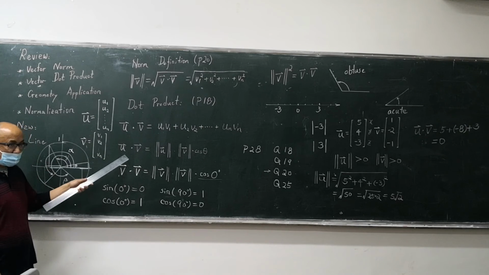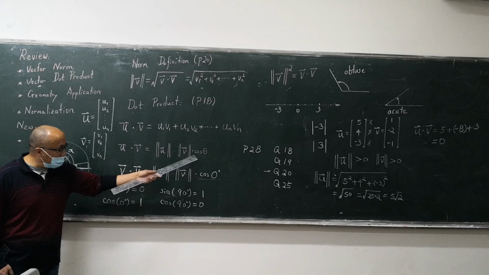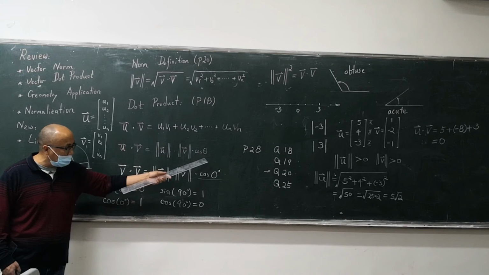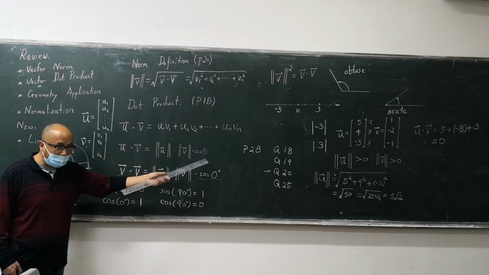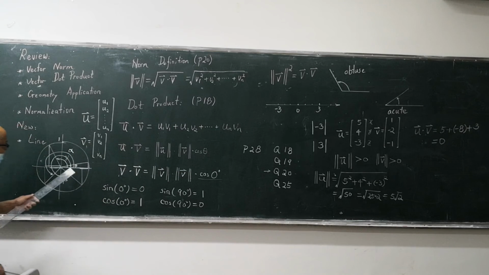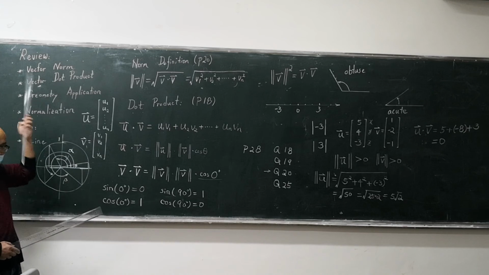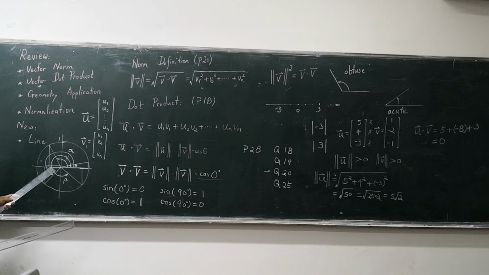Now calculate the dot product. If it's negative, that means this little guy is negative, which means the angle is greater than 90 degrees, because cosine is negative.